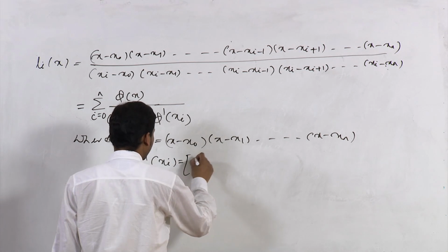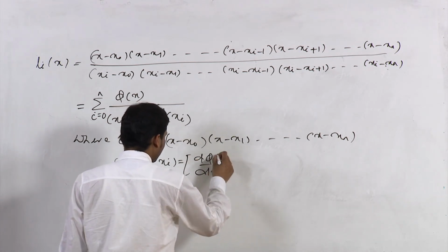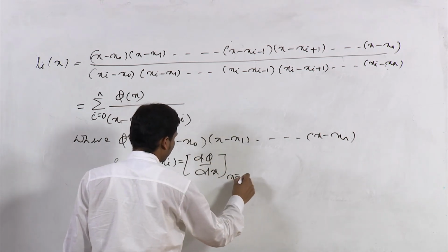We can write this as d phi by dx at x equals x_i here.